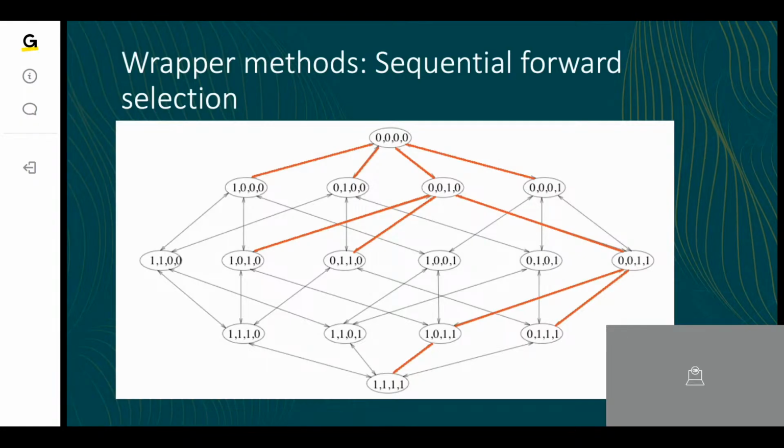Let's say that after evaluating these four combinations, you figure out this one gives you the most predictive power. Then, with that feature selected, you find out which is the next one that gives you the most predictive power. So you find that features 3 and 4, let's say, give you the most predictive power, and then you pick the next, and so on and so forth. And in this process, you identify at which point you should overall stop.